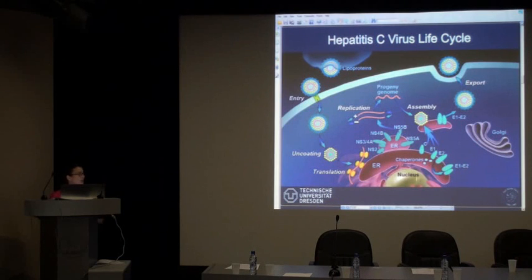With the proteins translated from the virus, after replication of the virus, the new viral particles are assembled and exported from the cell, and then they are released out of the cell and can infect other cells.